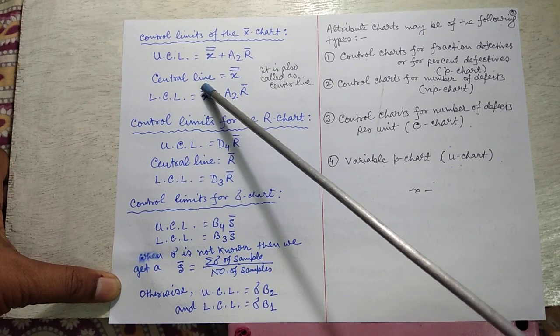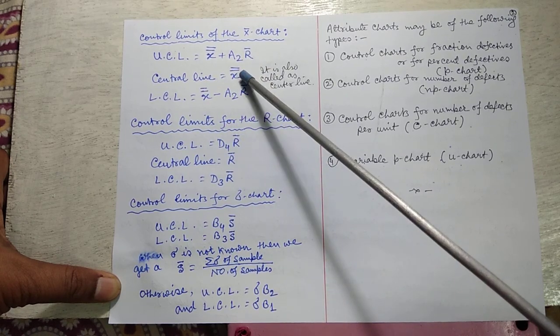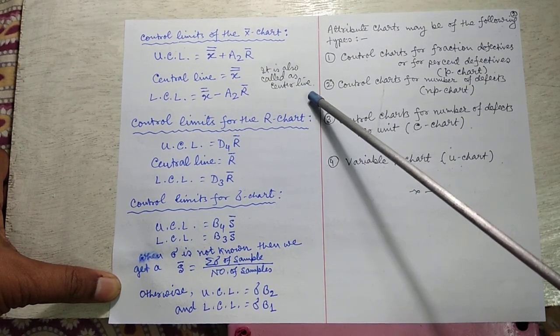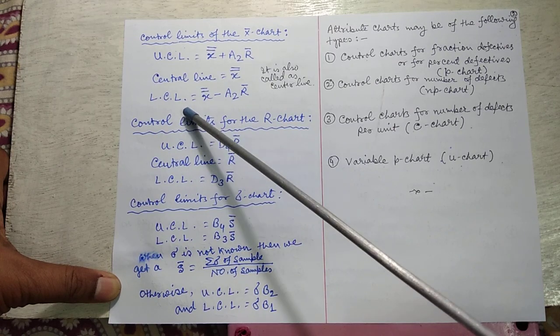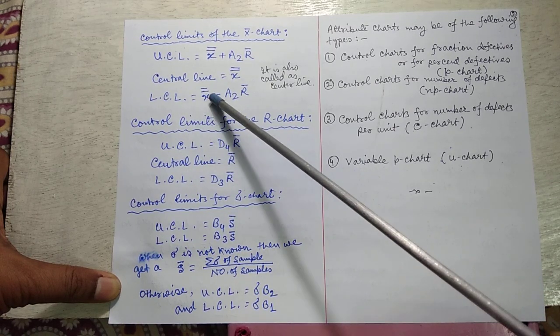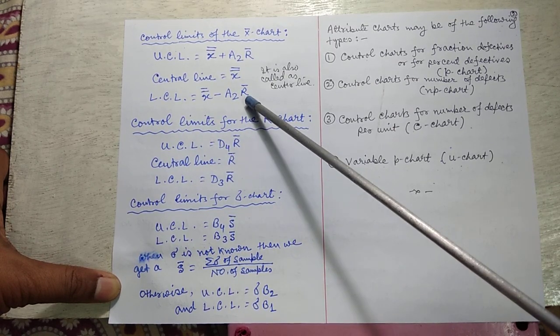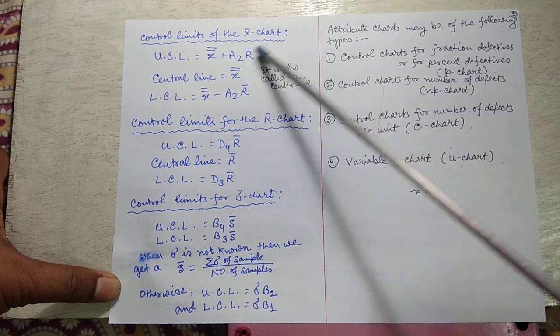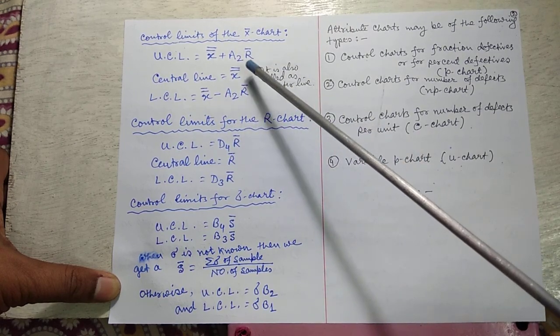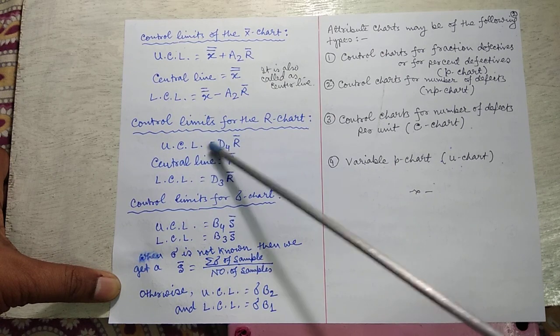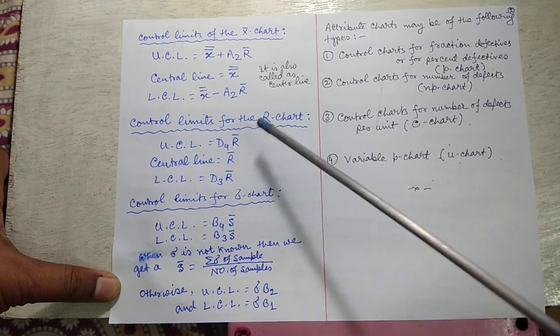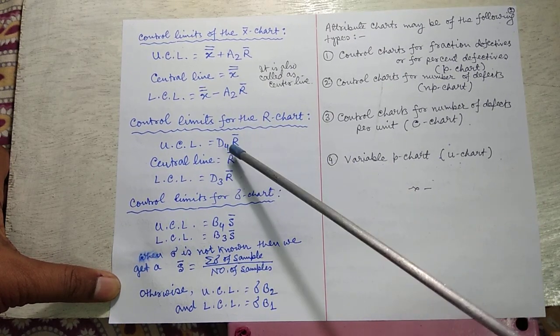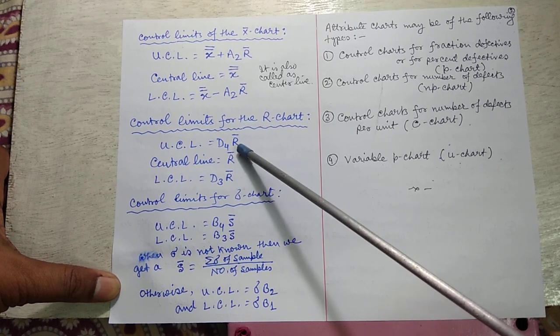Now central line equals X double bar. It is also called center line. Now lower control limit equals X double bar minus A2 R bar. So these are the control limits for X bar chart or mean chart. Now control limits for the R chart. Upper control limit for R chart equals D4 into R bar.